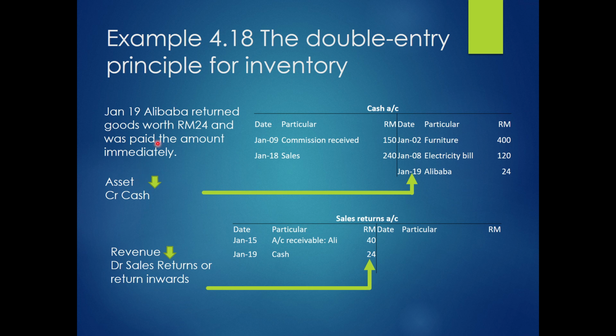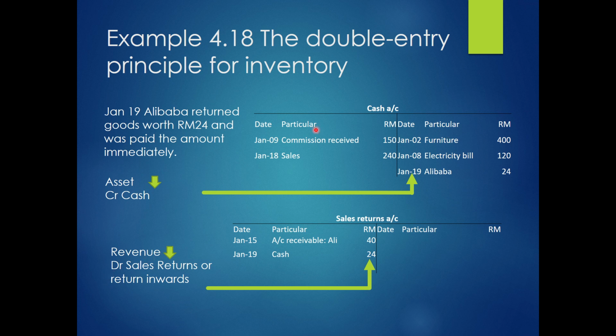So when the business returned back the cash to Alibaba, the amount of cash decreased. Asset decrease, credit. And another effect is revenue decrease. When the customer or Alibaba return back the goods to the business, the sales will decrease. So revenue decrease is debit.